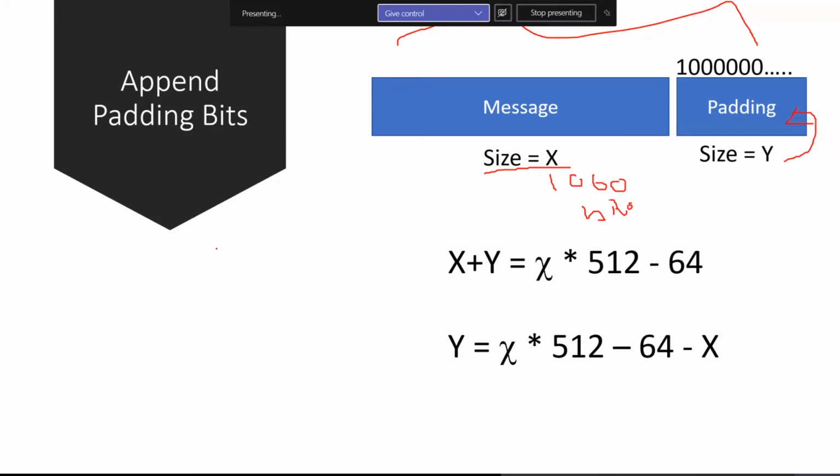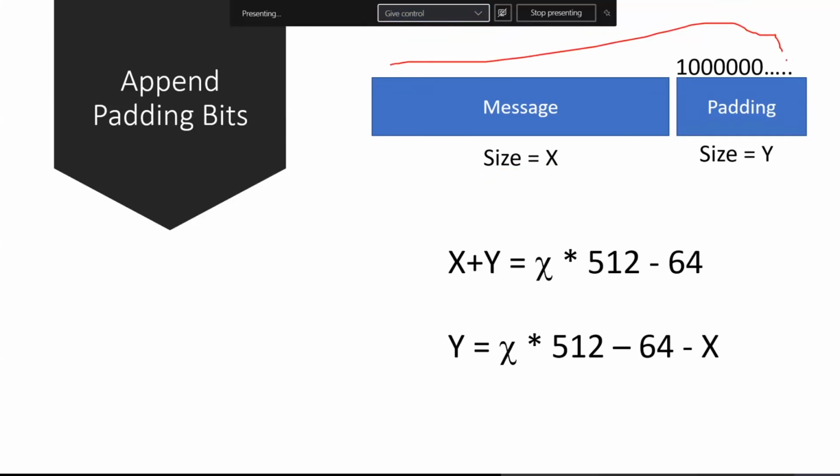I am repeating, the total size of this block, that is x plus y, should be some multiple of 512 minus 64.